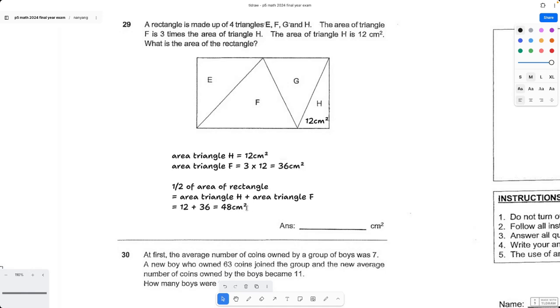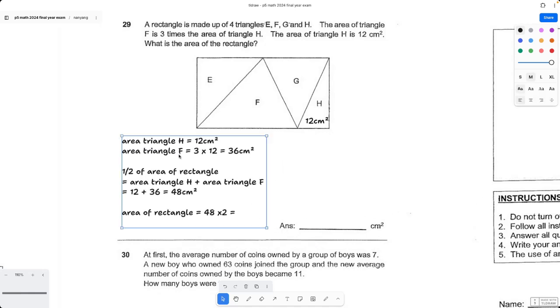So the area of the rectangle is equal to 48 times 2, which is 96 centimeters square.